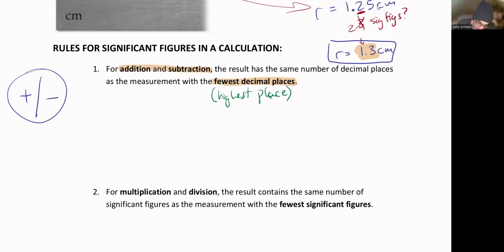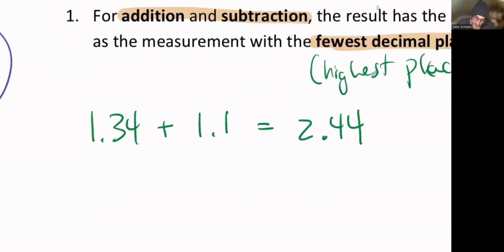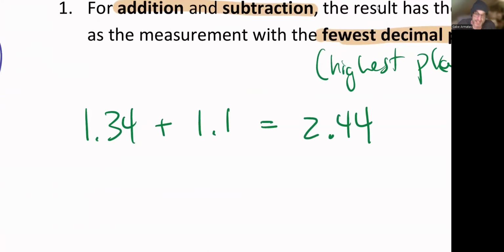And what I mean by that, we'll take a look at an example of this. So if I were to take a number like 1.34 plus 1.1, okay? So if I'm adding these together, just plug this into our calculator, we're going to end up with 2.44. So there's my final answer, okay? But what I'm really interested in saying is, okay, how many decimal places, or really what's the highest place?